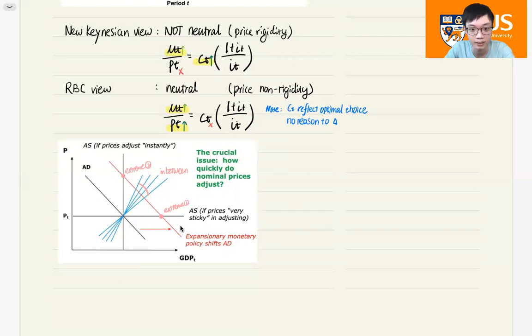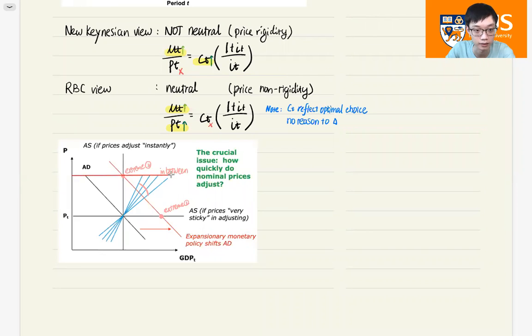The second thing is the RBC view. The RBC view says price changes quickly. So whenever the money changes, right, the expansionary monetary policy, AD shifts, the price will move up. How do you see this? Well, you draw a line here. As soon as the AD shifts, then the price will follow.